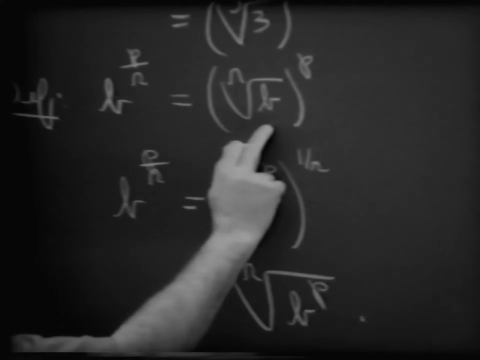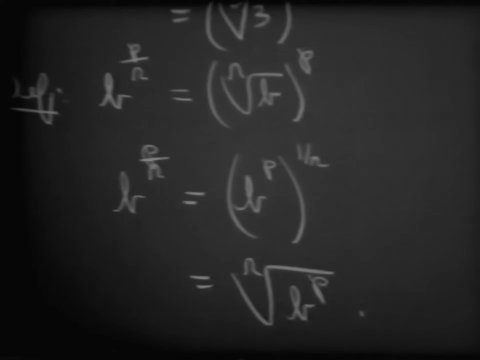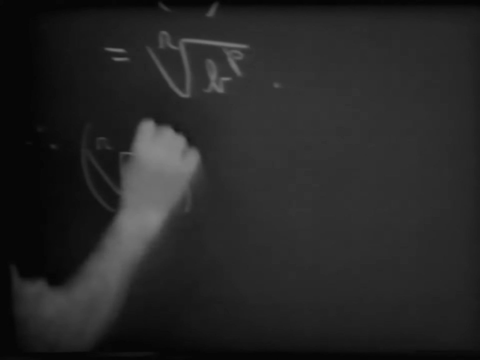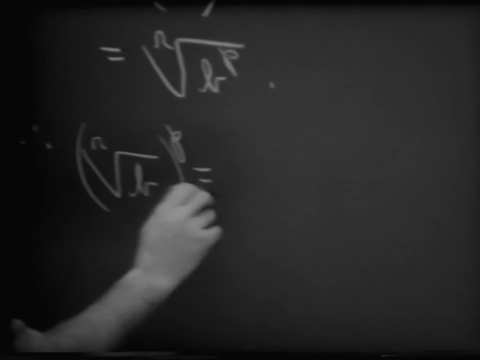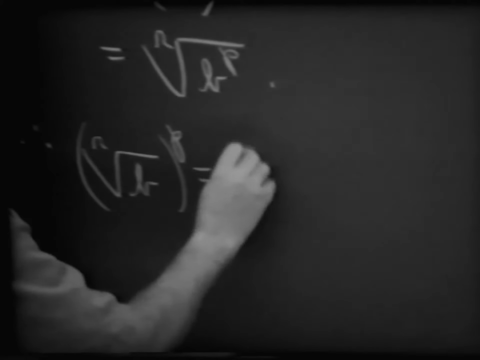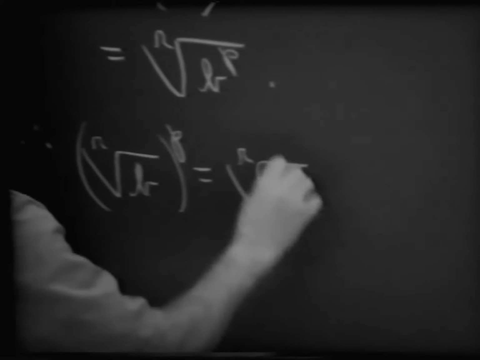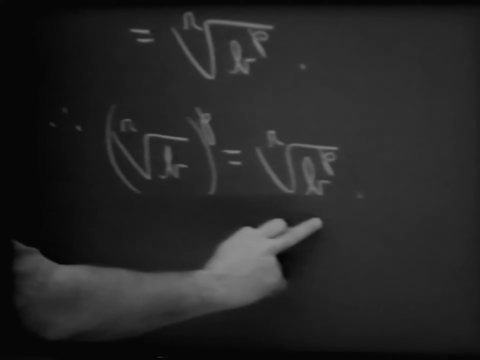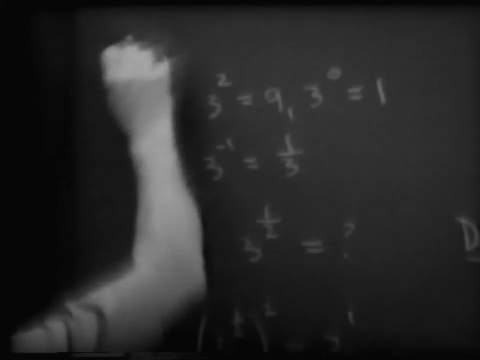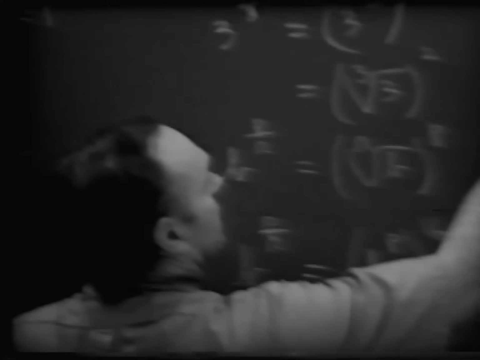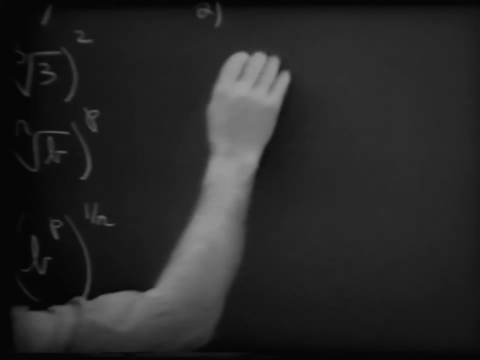Looking at this, we can conclude that the rth root of b all raised to the p power is the same as the rth root of b to the p power. All right? Let's call this our first idea, and then I'd like to come back and look at these numbers and see exactly what values we can have for them.